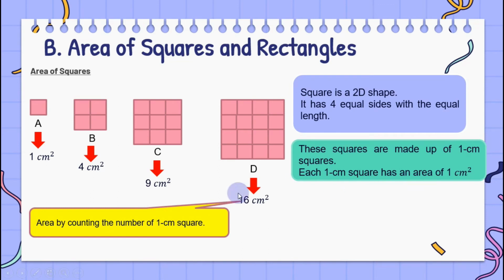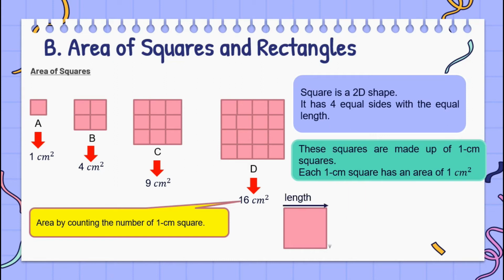This is the area by counting the number of 1 square centimeter. 1, 2, 3, 4. So this one, 4. 1, 2, 3, 4, 5, 6, 7, 8, 9 equals 9. And 1, 2, 3, up to 16.